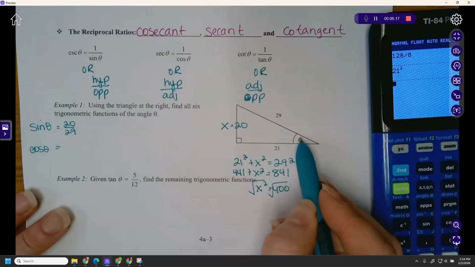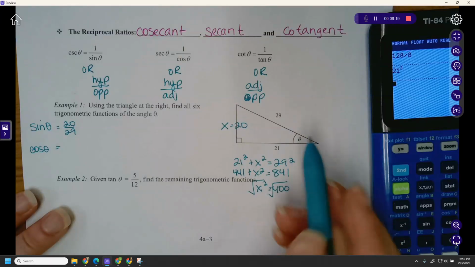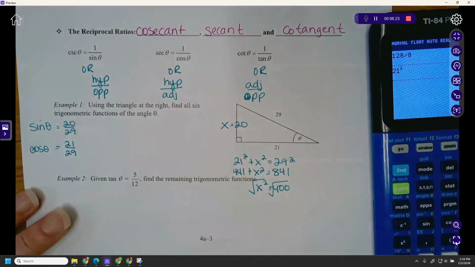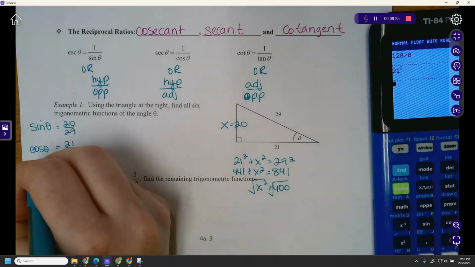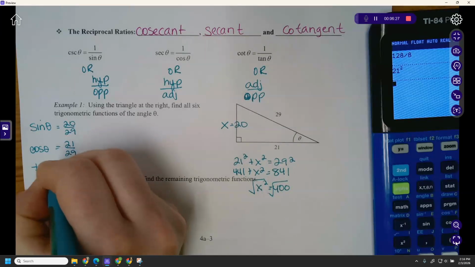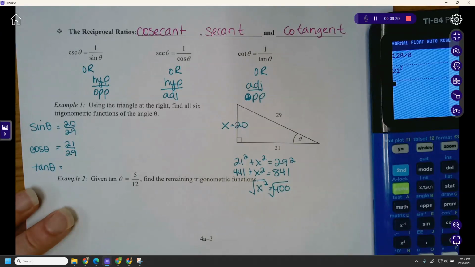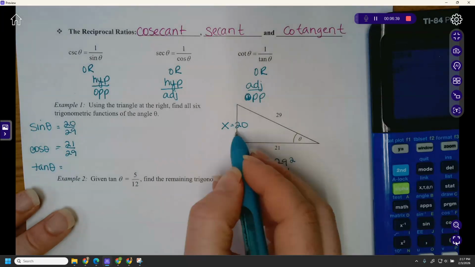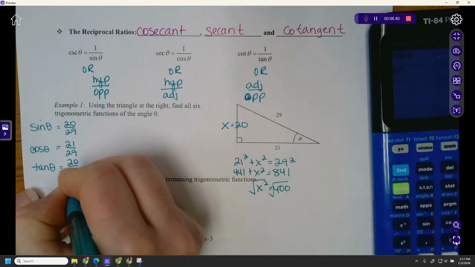So here's adjacent over hypotenuse, 21 over 29. Tangent. Tangent is which one? What over what? Opposite over adjacent. So 20 over 21.